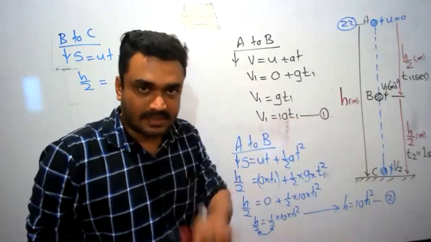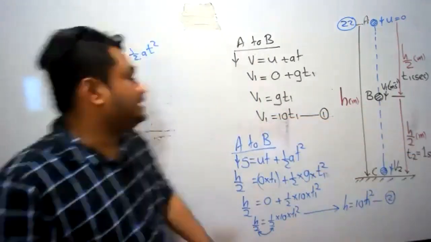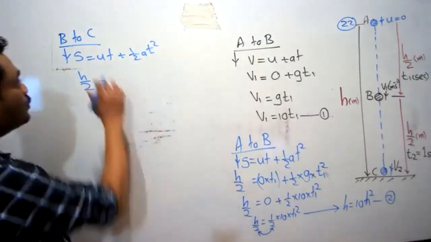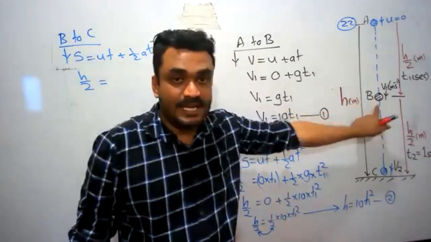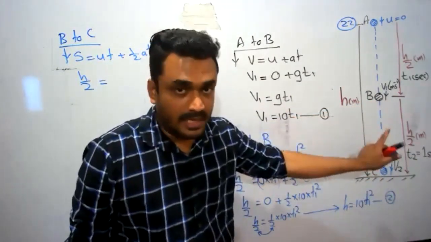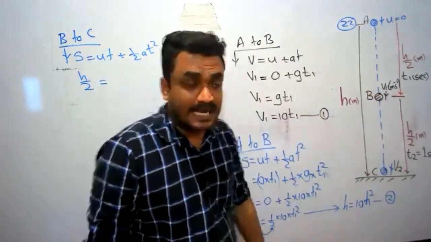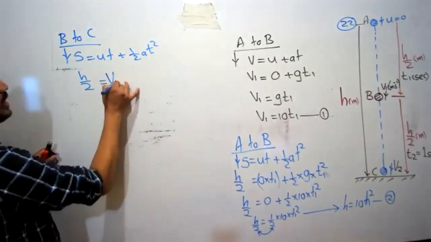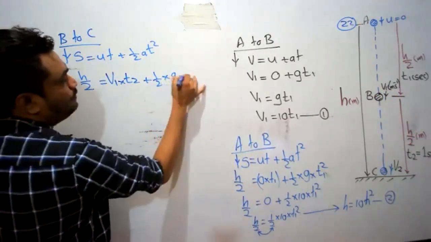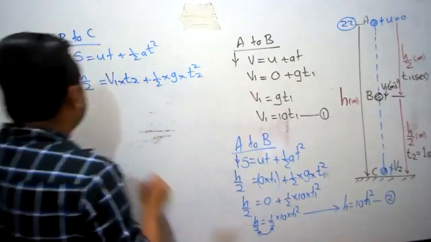Last second means 1 second. So it travels half of the total distance, H over 2, during the last second. When we consider the B to C section, U means the velocity at the point B, that is V1. V1 times the time taken T2, plus half acceleration simply G, time taken is T2, and we take the square.